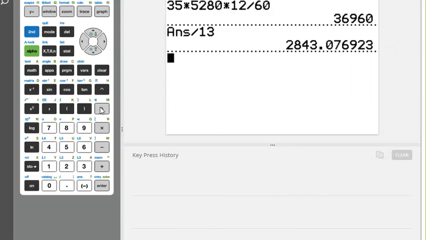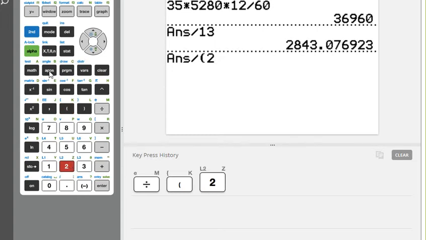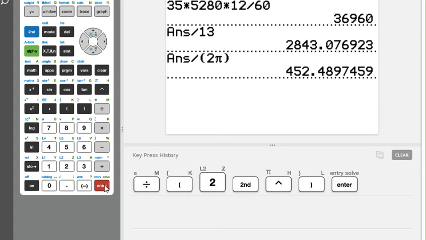So if I divide this by 2 pi, you got to be careful. You can divide by 2 and then pi in parentheses. Because if I did it without parentheses, it would take your answer divided by 2 and then multiply it by pi. Your calculator's not that smart. So there we go.